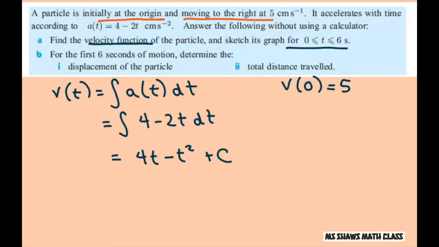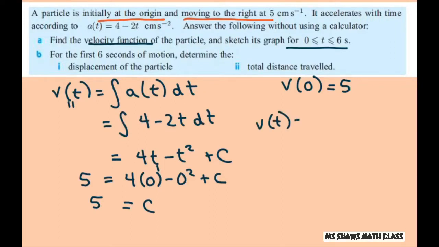So we set v(t) to 5 and plug in zeros for these t's. That gives you C equals 5. So your final velocity function is v(t) equals 4t minus t squared plus 5.